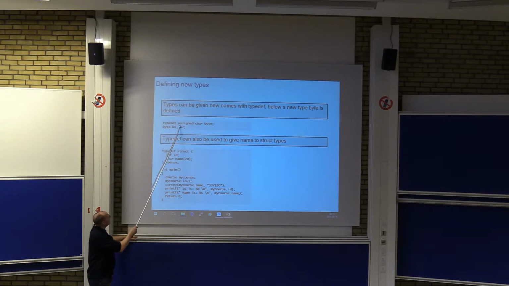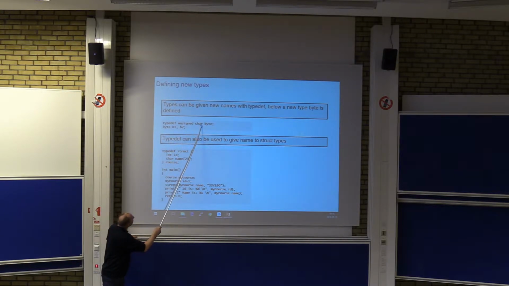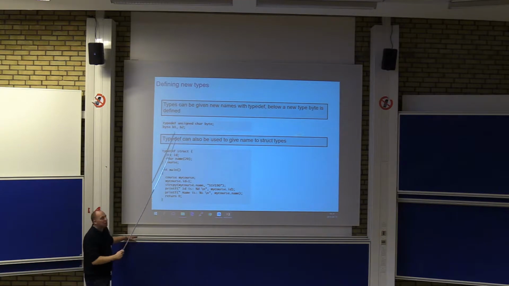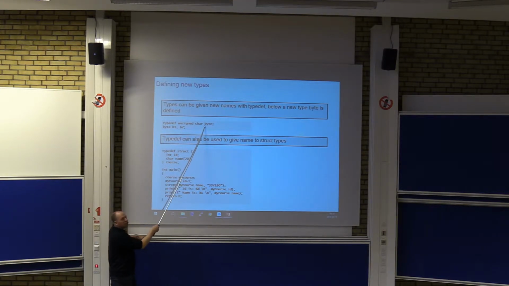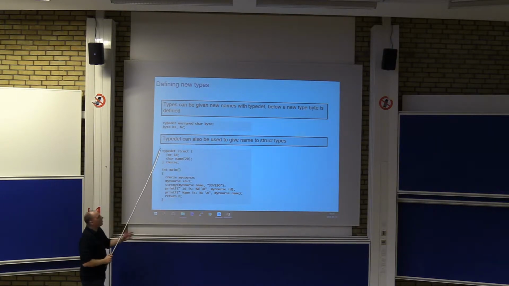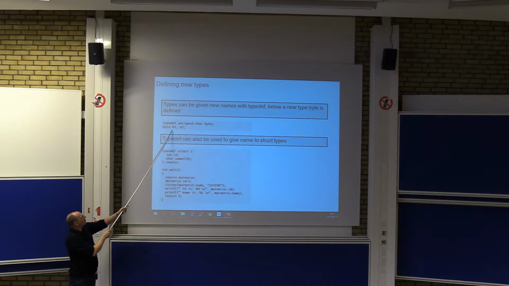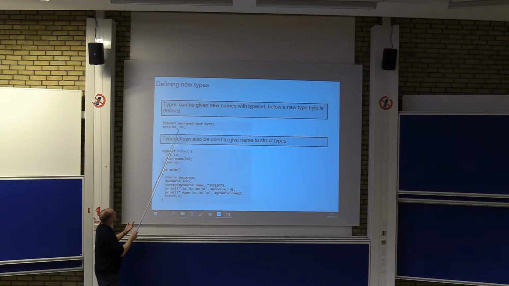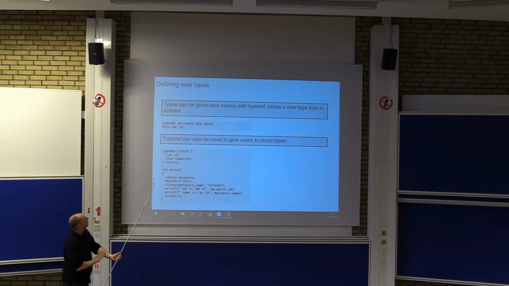So the typedef, and then here you define the old type, and then you end with the new name. In this case, you create a new type called byte, which is an unsigned character. After you have done this typedef, you can create new variables of this new type, byte, that didn't exist before. So in this case, you will have 2 variables, B1 and B2.